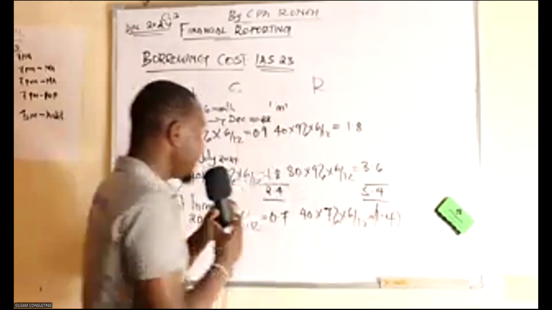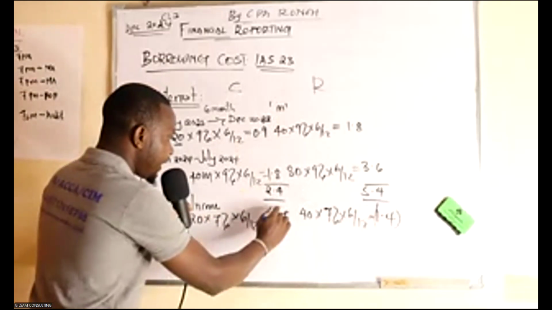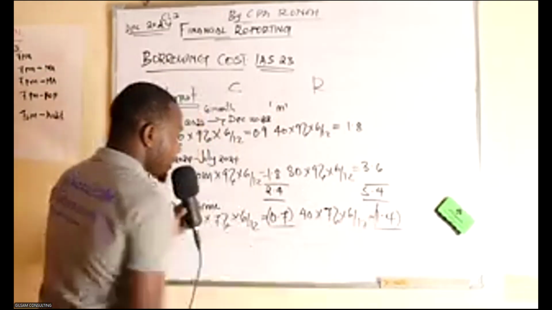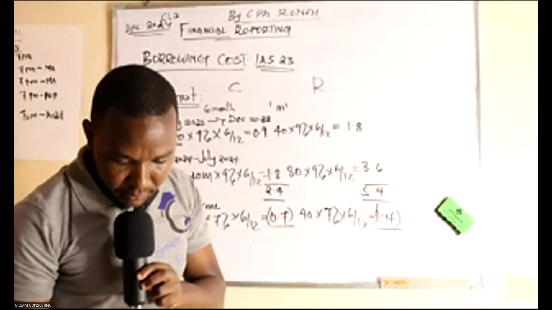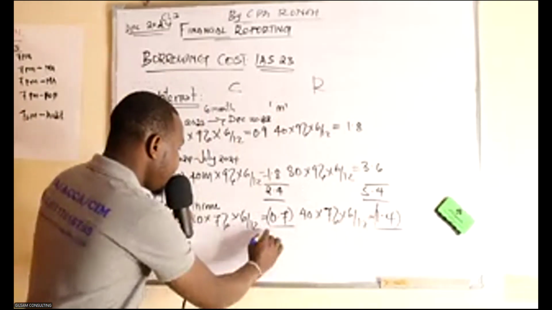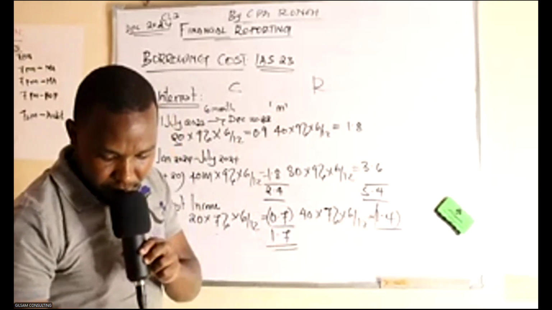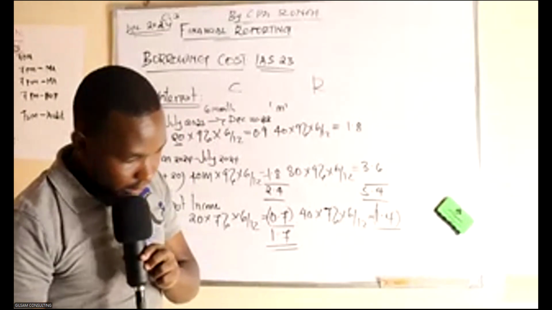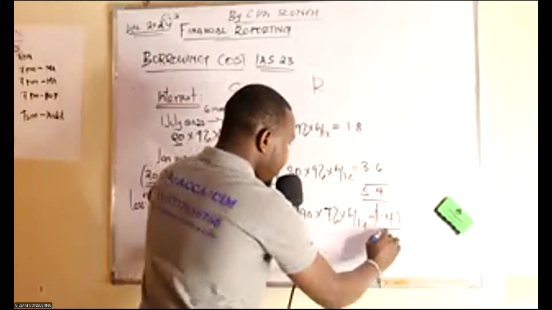Subtract, because it is cost and income, so we have to subtract to get the net cost. So if I subtract 2.4 minus 0.7, I'm getting 1.7. And then the other one is 5.4 minus 1.4. So I'm getting 4.